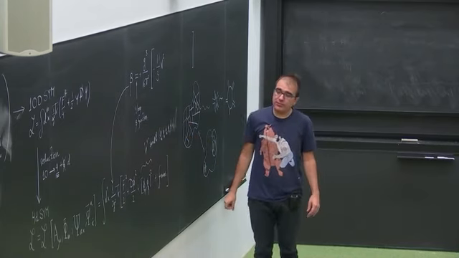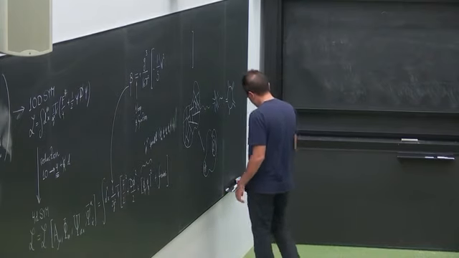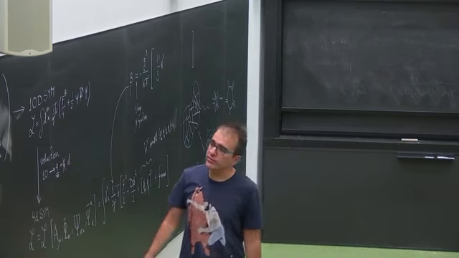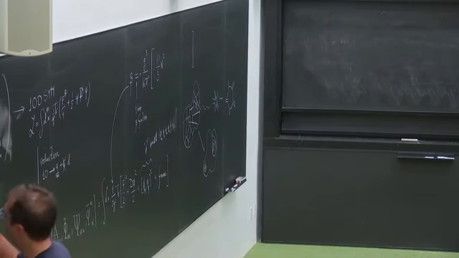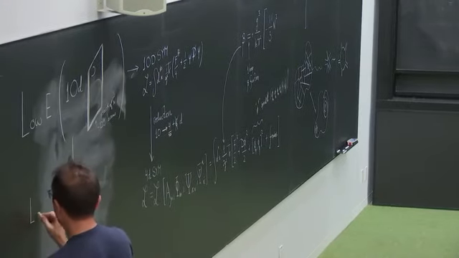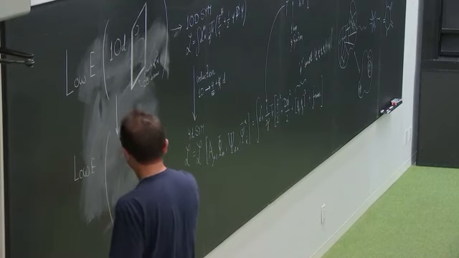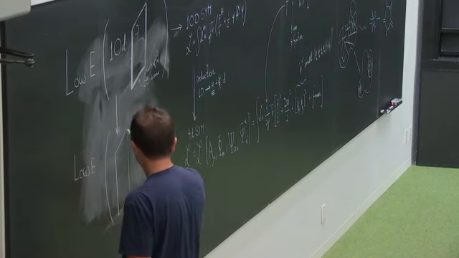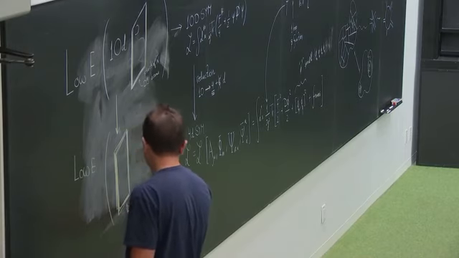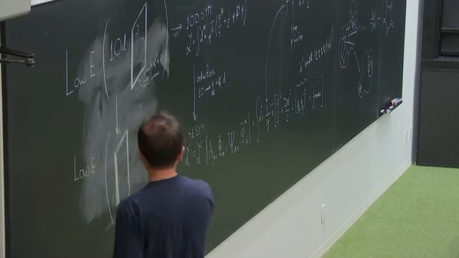Okay. Now, one thing we could have done is, instead of considering this, we could have done the reduction at this level and think, no, instead, I want to consider the low energy limit of a stack of D3 branes. So from the beginning, I start and I say there are some D3 branes and there are some open strings here.